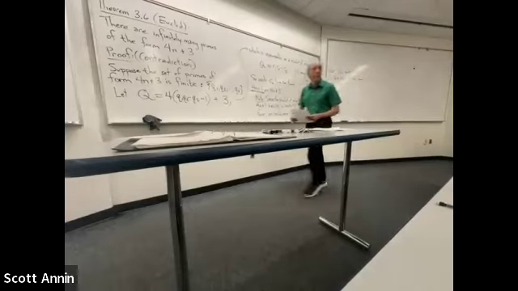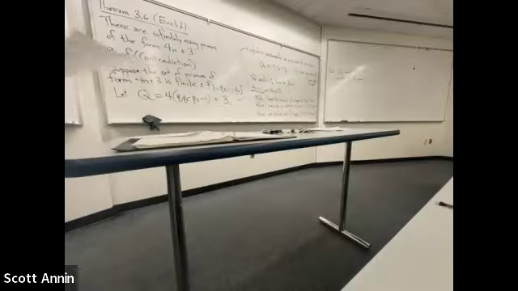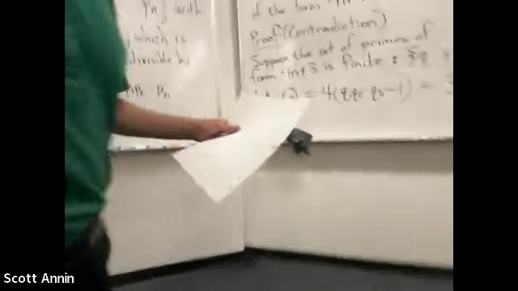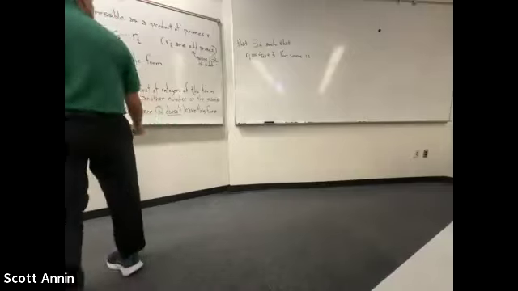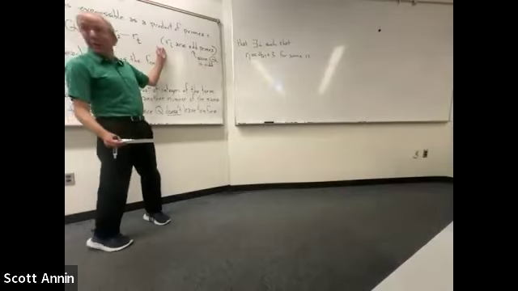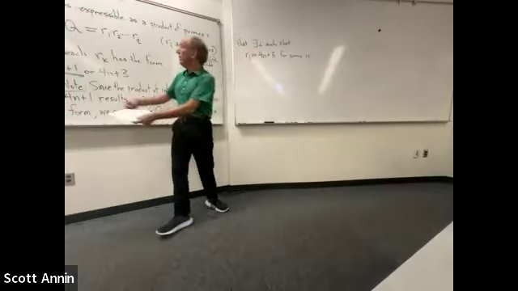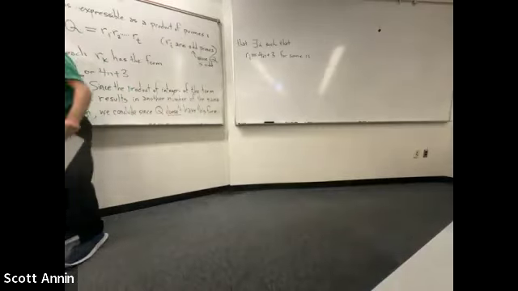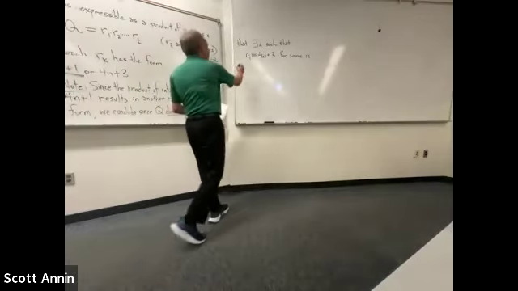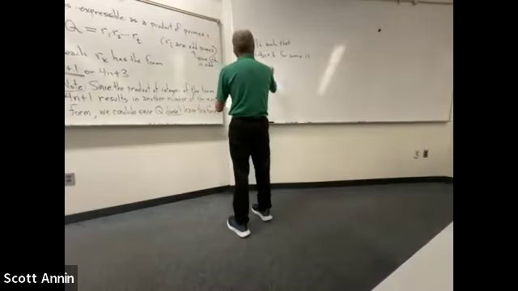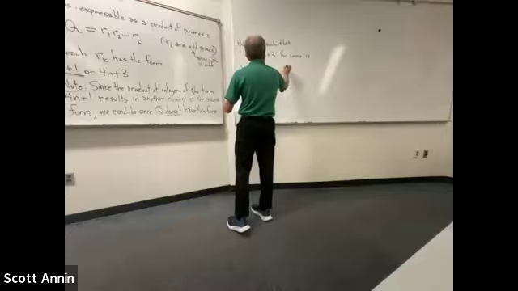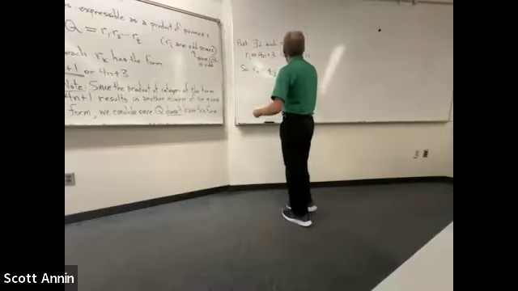I'll slow down a little bit, it's a fair bit of writing. But that just means that R sub i is a prime, we know it has this form, and we listed all of those here. So it has to be one of those Q's. So R sub i is equal to Q sub j for some j.